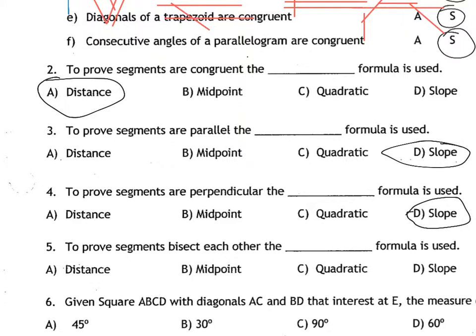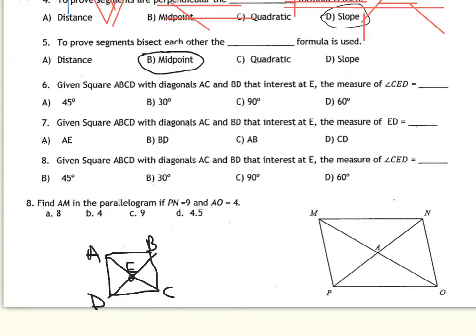To prove segments bisect each other, we use the midpoint formula, in order to show that the point of intersection is also the middle point, which splits each of the segments into two equal parts. For number 6, given square ABCD with diagonals AC and BD that intersect at E, the measure of angle CED.